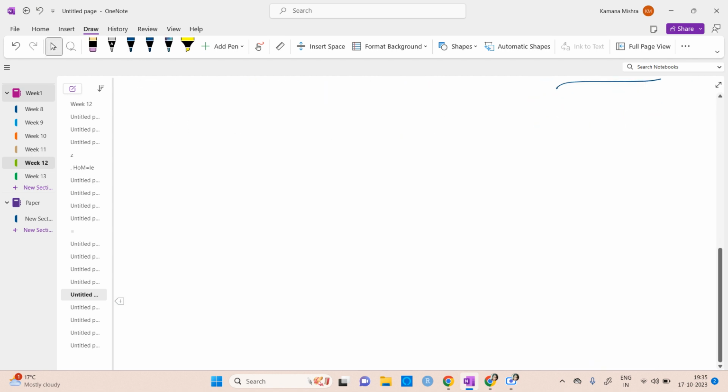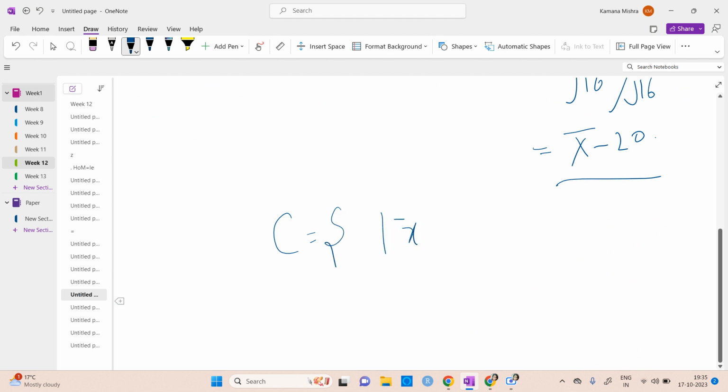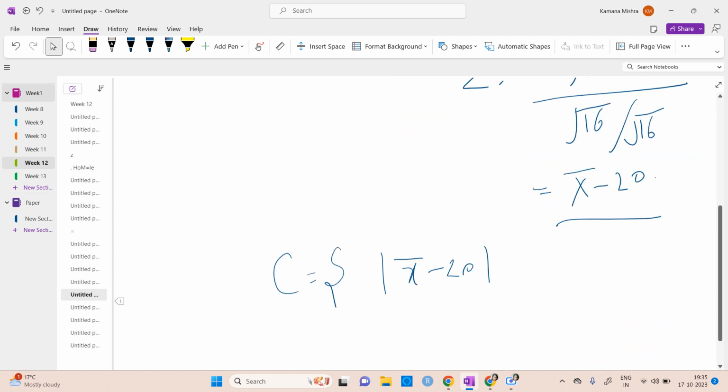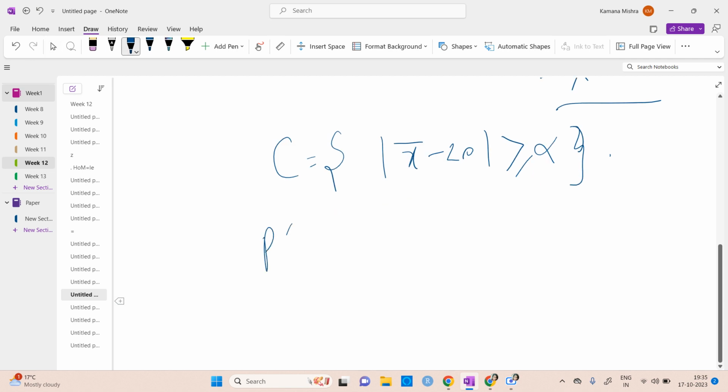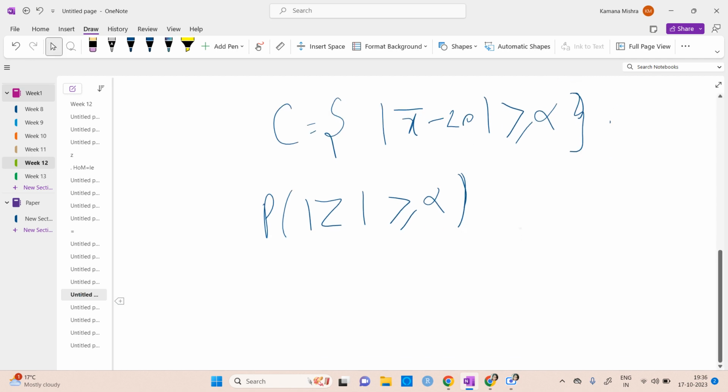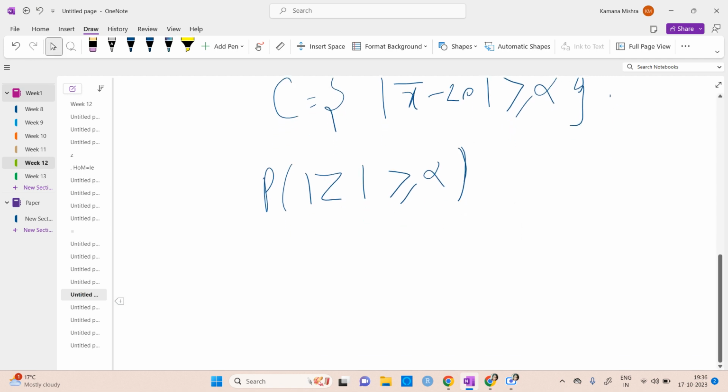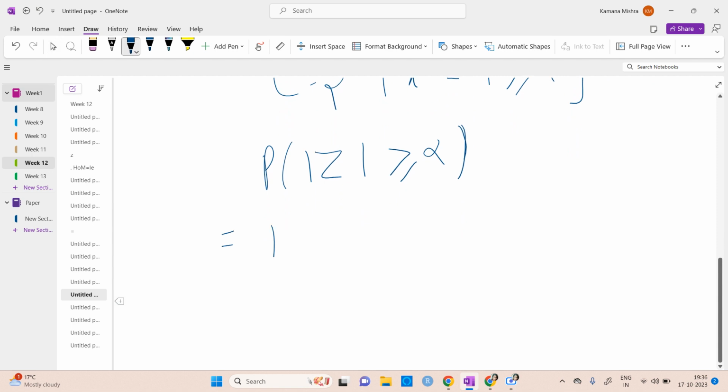If I write it in a more explanatory way, then C is what? X bar minus 20 over the standard error greater than or equal to alpha, right? So the probability that mod z is greater than or equal to alpha is equal to what?